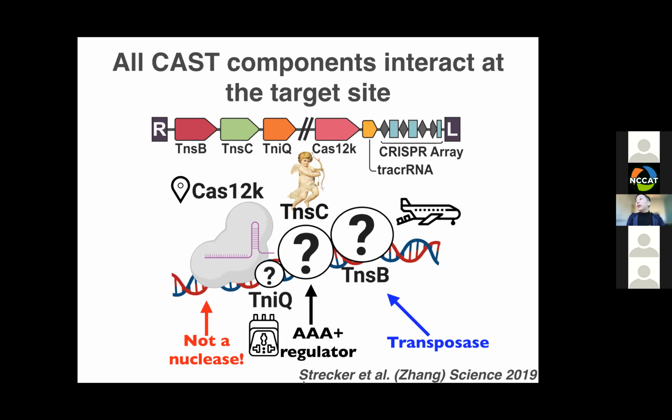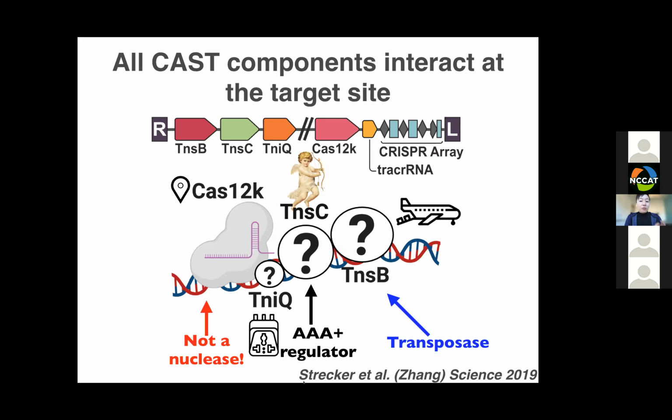If you know anything about AAA+ proteins, their function is to bind ATP and hydrolyze it. So we knew that this protein was very interesting, but we didn't really know much about what it was doing or how its structure contributed to the insertions of these elements.